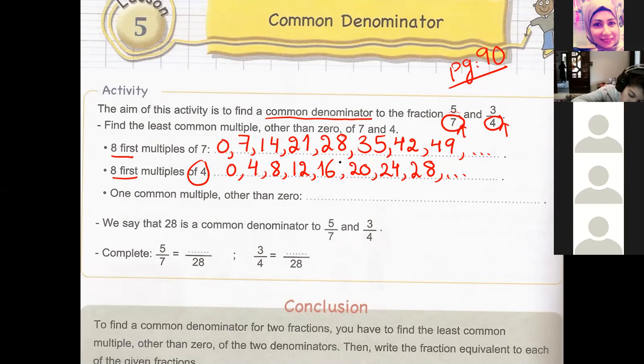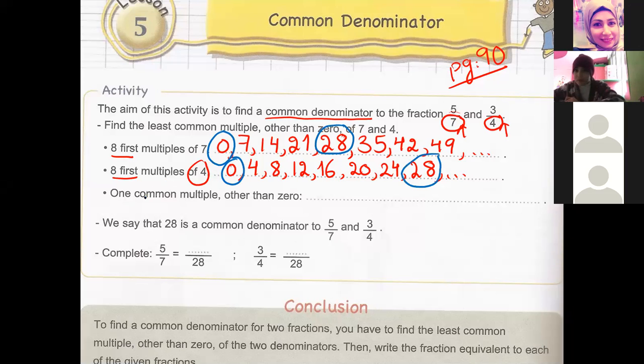Now let's circle the common multiples between 7 and 4. What are the common multiples? Only the 0, and we still have more: 28. 28 and 0.